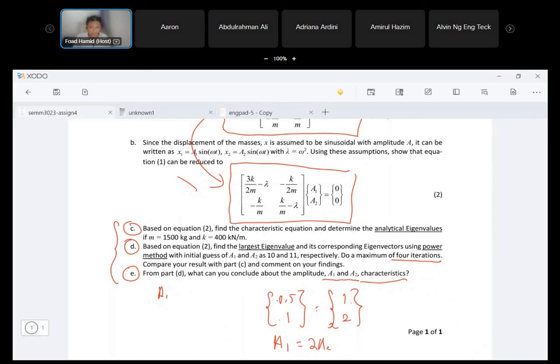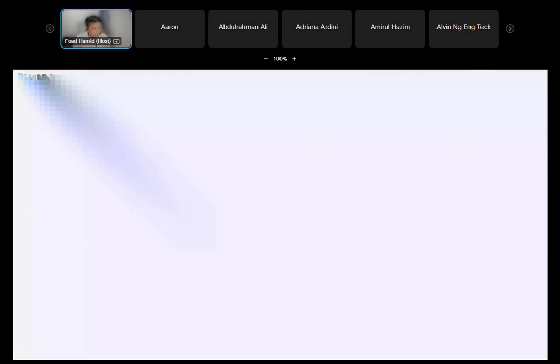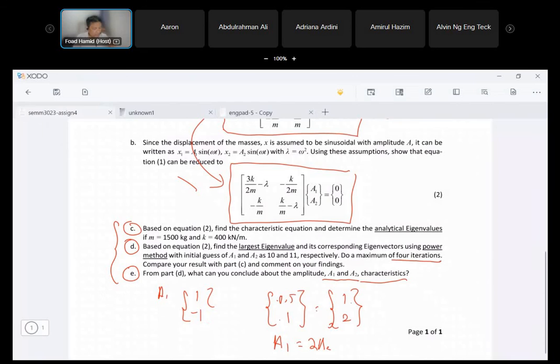And for the largest eigenvalue, this is just 1 and minus 1. So basically, this is saying that A1 is in the negative direction of A2. And this one is saying that A1 is twice the displacement of A2 in the same direction.